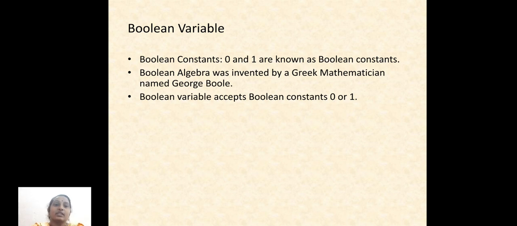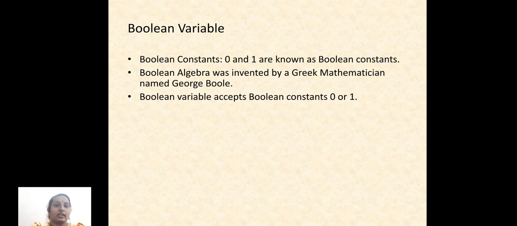Because they were invented by a mathematician named George Boole. According to his investigation, we gave his name to these variables. How many constants are there in Boolean variables? 2 constants.